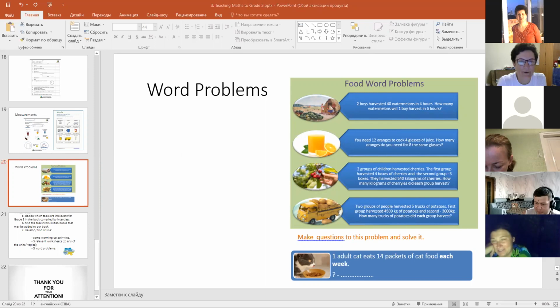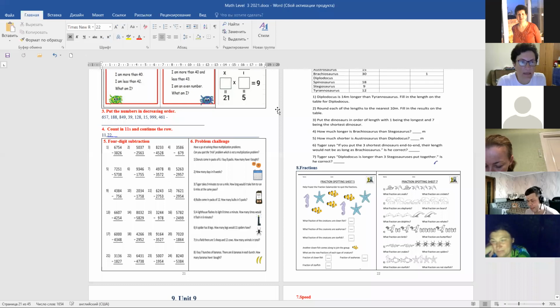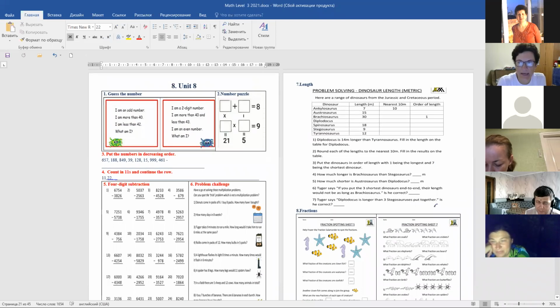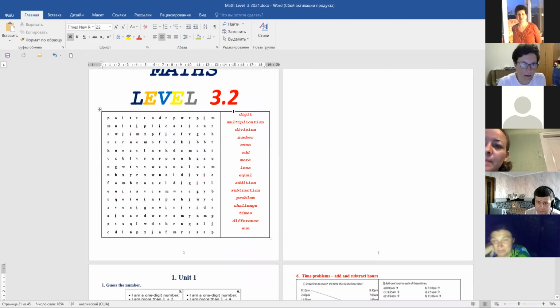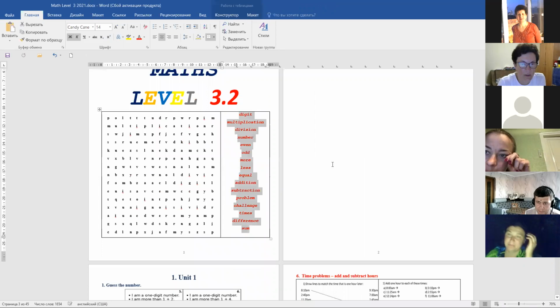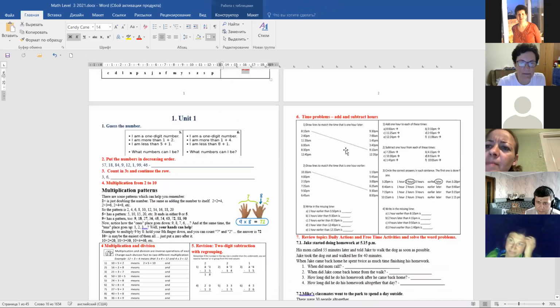So these were the new words, the new vocabulary. And now let's look at the already existing book. The book looks like this. You have it in your Google Drive. Here are the main words, the main vocabulary.